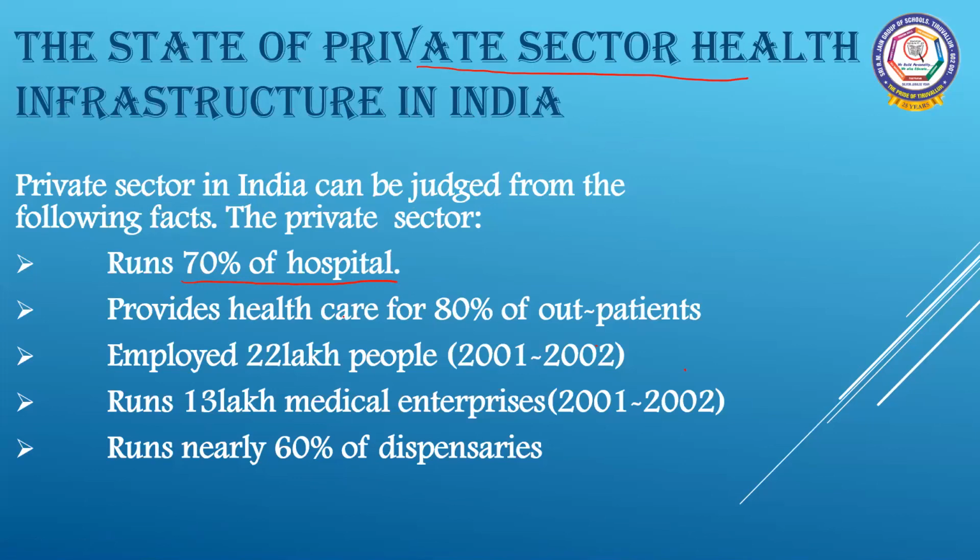It provides health care for 80% of outpatients, and during the year 2001-2, we have come to know that the private sector health infrastructure has employed 22 lakh people, like doctors, nurses, and other helpers who contribute to the health sector. And this runs 13 lakh medical enterprises. Nearly 60% of dispensaries are run by the private sector healthcare centers.